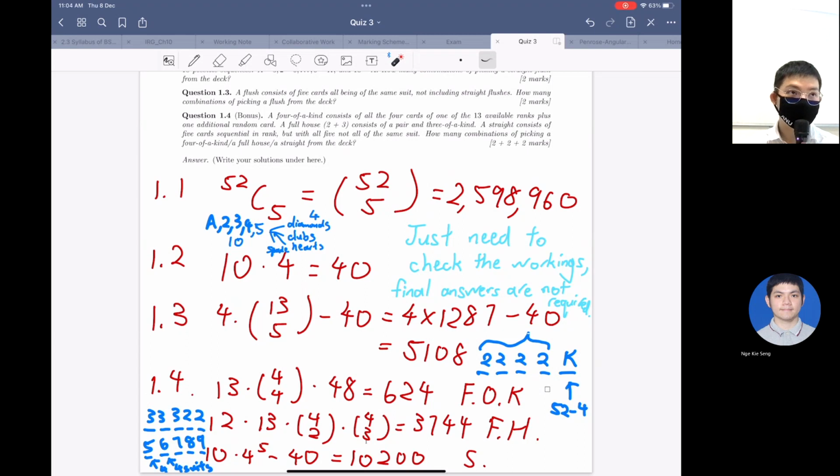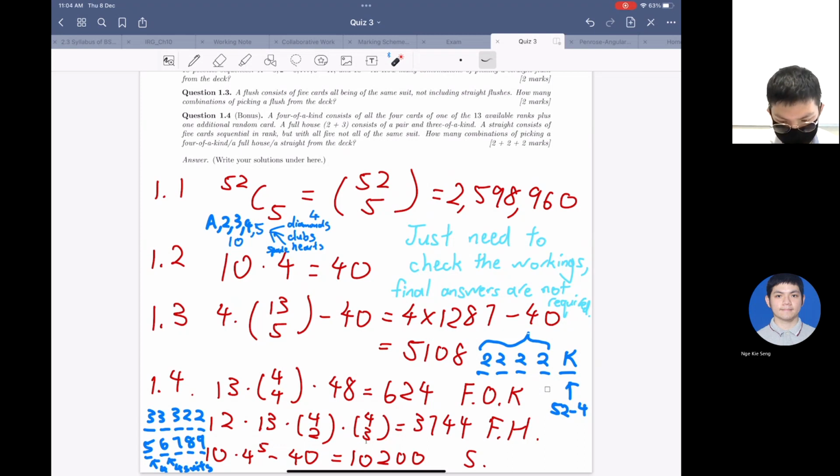There are 13 ways to pick the three of a kind, and 12 ways to pick the pair. For the three of a kind you pick 3 of the 4 suits, and for the pair you pick 2 of the 4 suits, so you use the product rule.